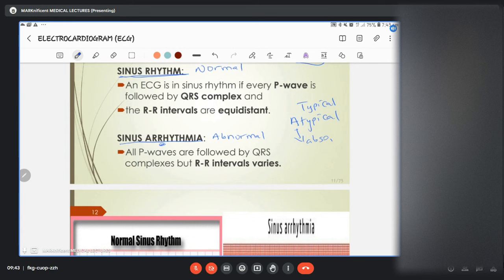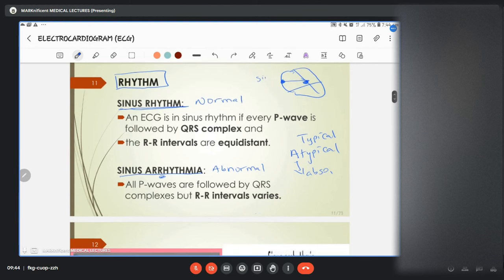An ECG is in sinus reading if every P wave is followed by a QRS complex. Like I always draw, this is P. Then you have Q, you have R, S coming this way, and then you have the T. So this P is always followed by Q, R, S. You shouldn't have P and then T next.